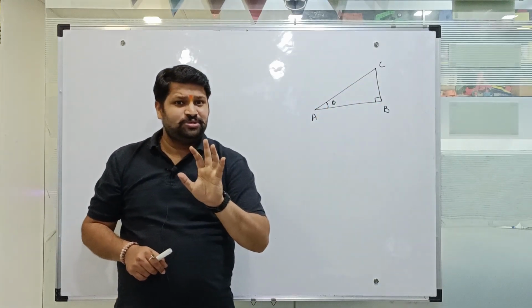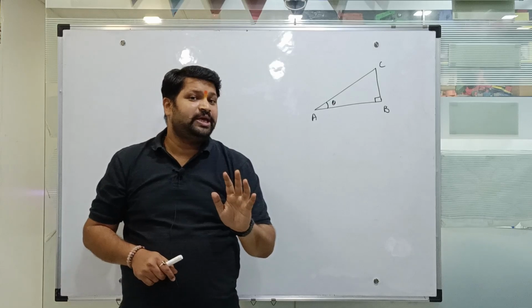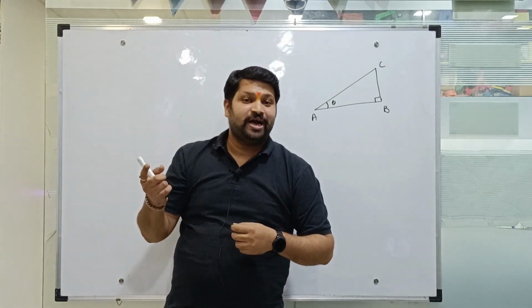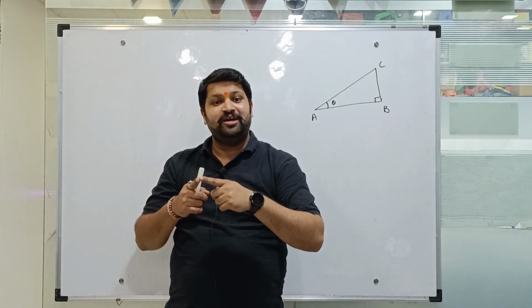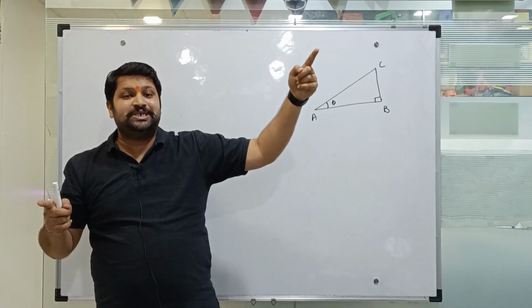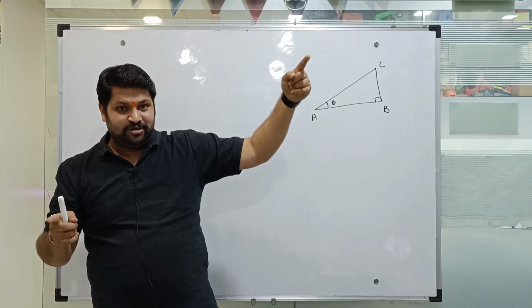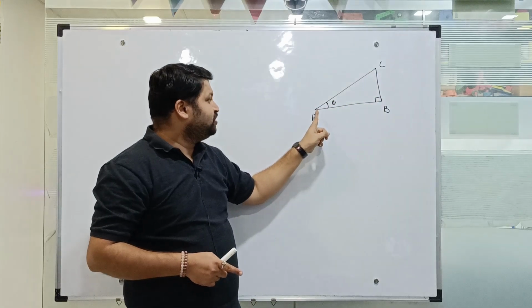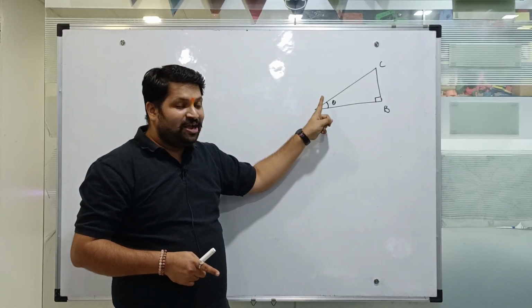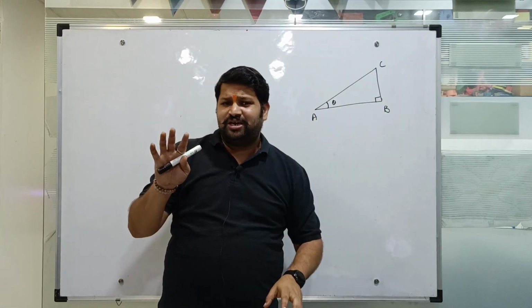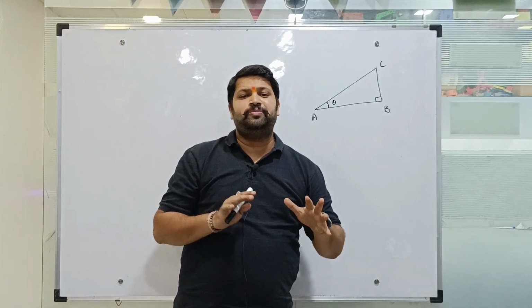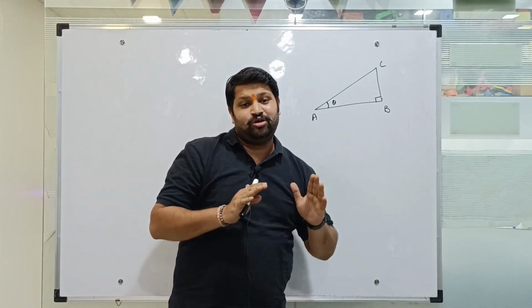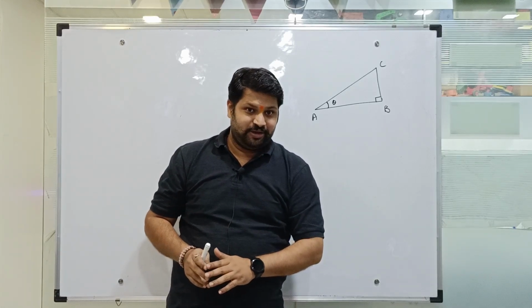Majority of these sums would be like a person is flying a kite and we have to find the length of the string. In that case, the kite would be up here, the person would be down here, the angle of elevation would be given. That is the only case where we would be using sine, cos, cosec or sec.